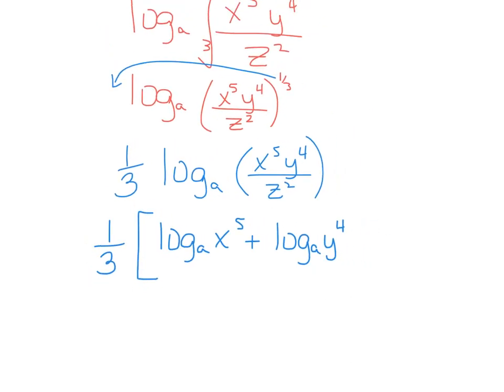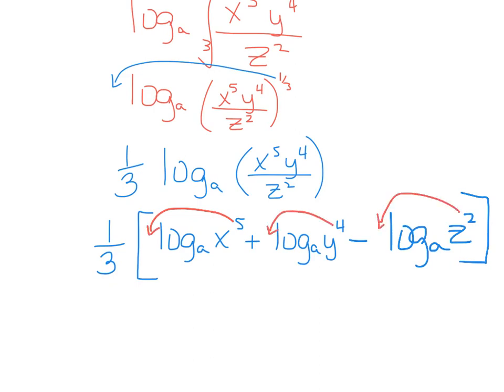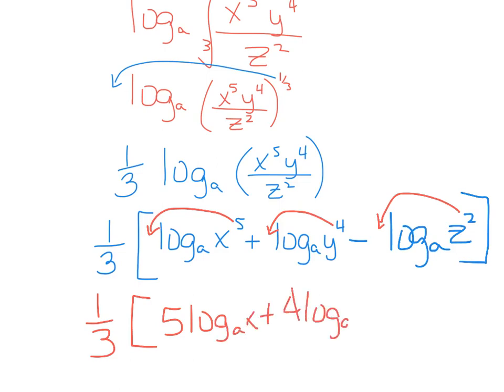And then the division, so it's subtraction, log base A of z squared. And now I have to take care of all those exponents. All of the exponents are going to come around to the front of the word log. So now I have 1/3, 5 log base A of x, 4 log A of y, 2 log A of z.